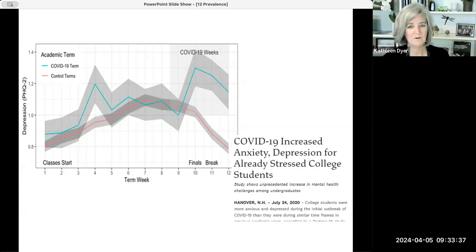Maybe they didn't have to worry about gas money, which had been a big concern for them prior to COVID. Maybe they didn't have to worry about childcare because they were able to attend school while they stayed at home. And so maybe their anxiety and depression actually lessened, but for other people, their anxiety and depression jacked up.